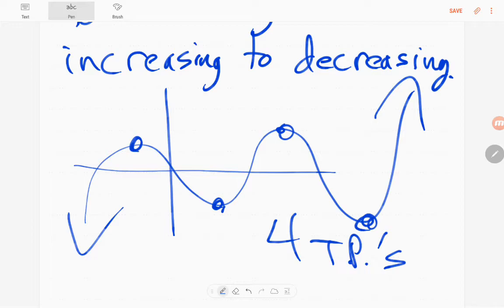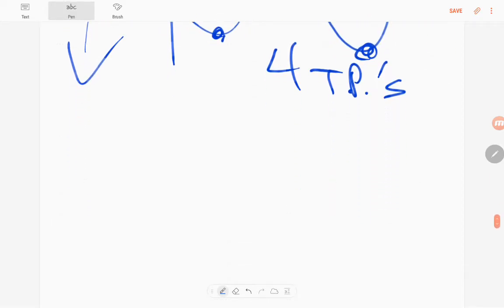Now, there is another fact that I want to state here about turning points.